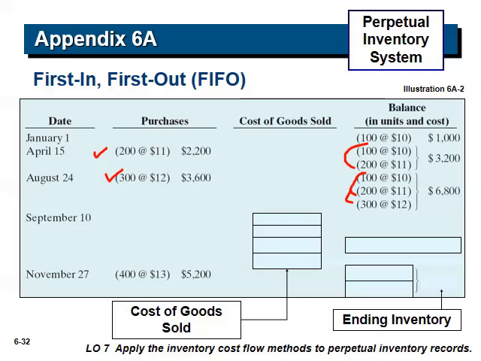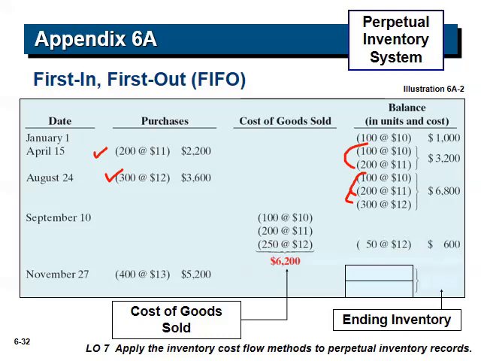But what happened on September 10th when you sold? Okay, what did you sell? You had 100 at 10, 200 at 11, and 250 at 12 to get you the 6,200 cost of goods sold. What's on hand? Only 50 of the $12 ones.